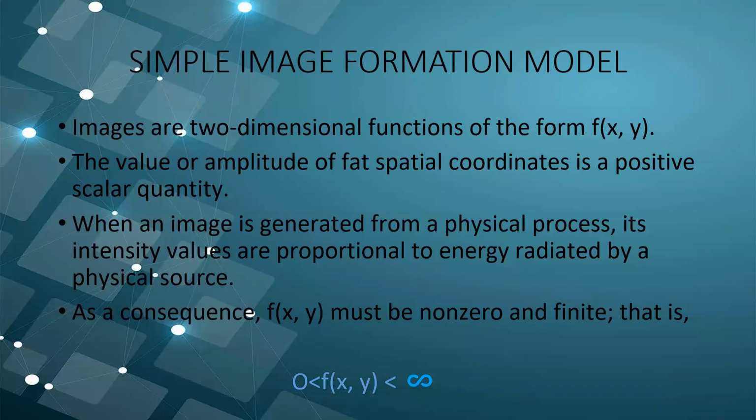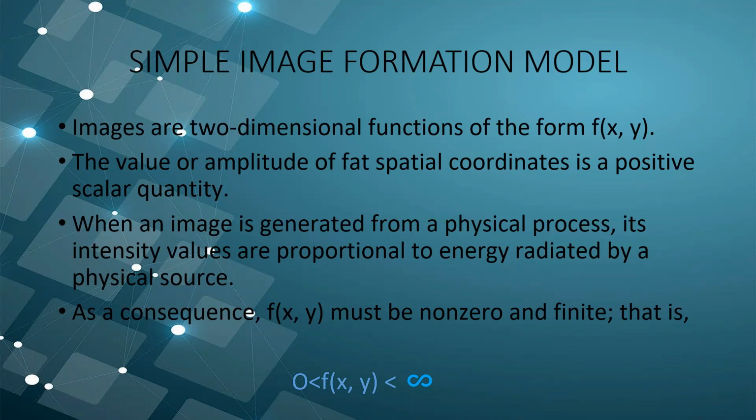The simple image formation model consists of two dimensions. Images are two-dimensional functions of the form f of x comma y. The value or amplitude of f at spatial coordinates is a positive scalar quantity. When an image is generated from a physical process, its intensity values are proportional to the energy radiated by the physical source.